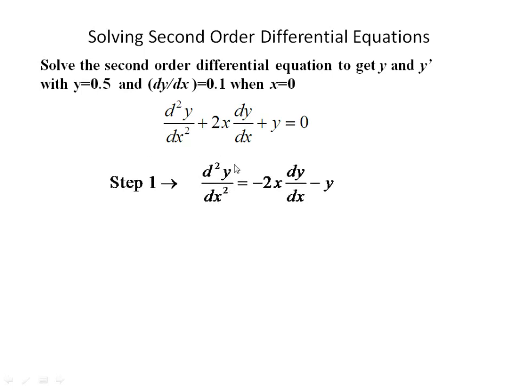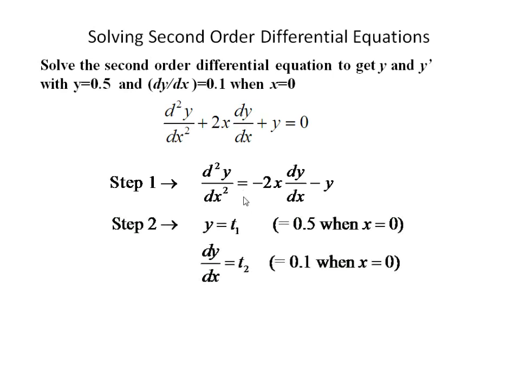So the first step is to rewrite this equation for d2y/dx^2. So it is equal to -2x dy/dx - y. Then the next step is to write other symbols for y and dy/dx, that in this example I have taken t1 and t2.